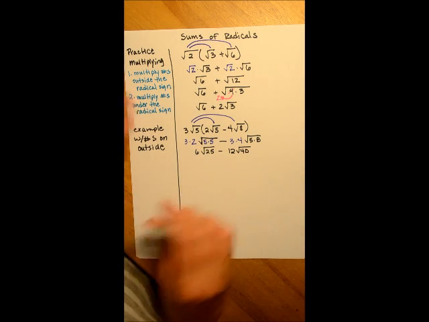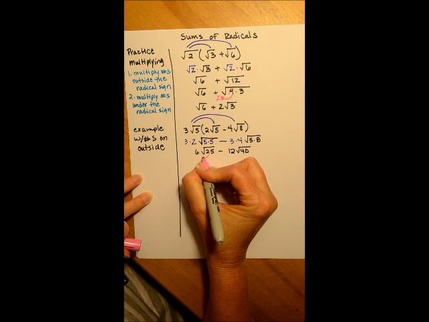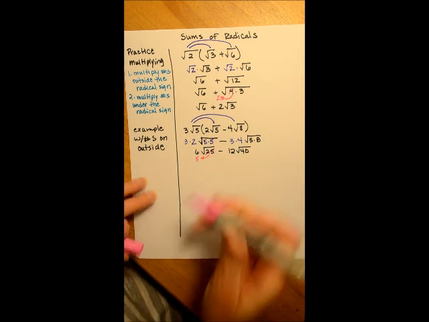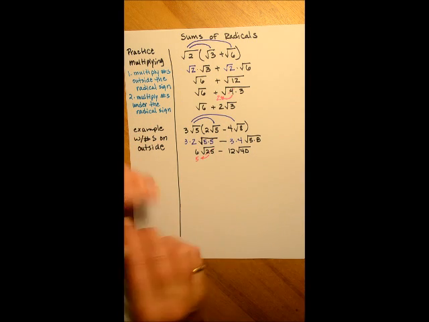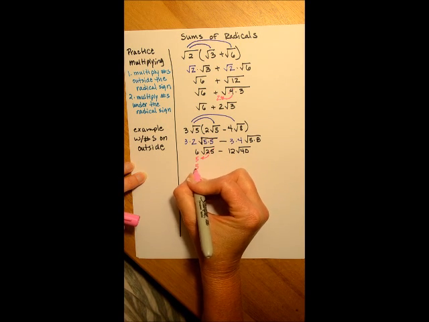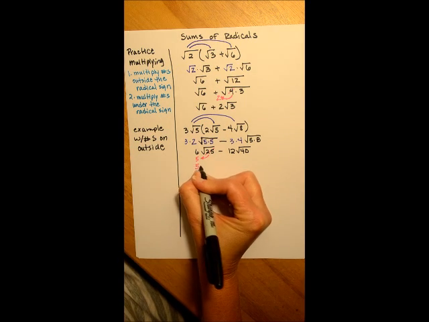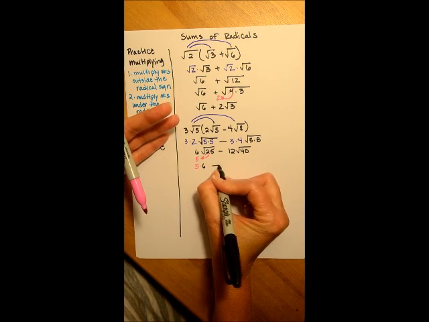Now I have to simplify it. Well, the square root of 25, I know that that is going to be 5, so I can get rid of that. And now what I'll have is 5, times 6. And then I'm going to have minus.